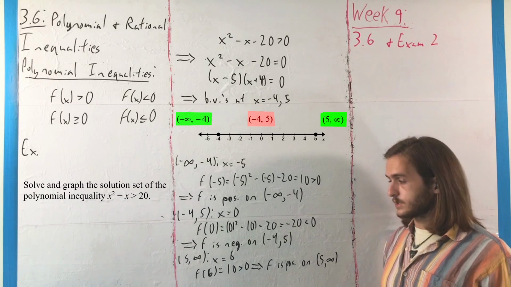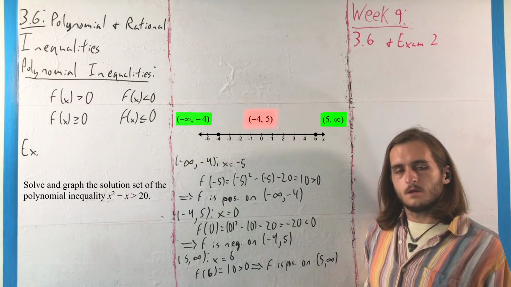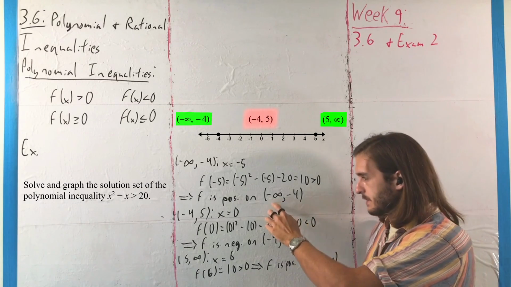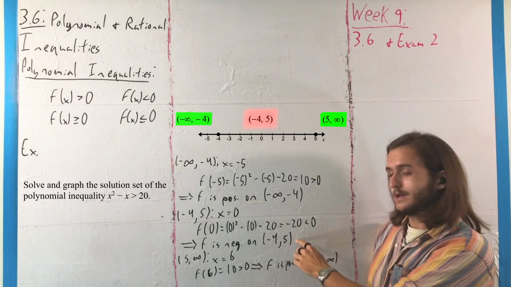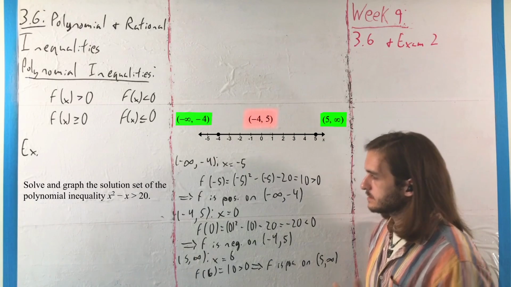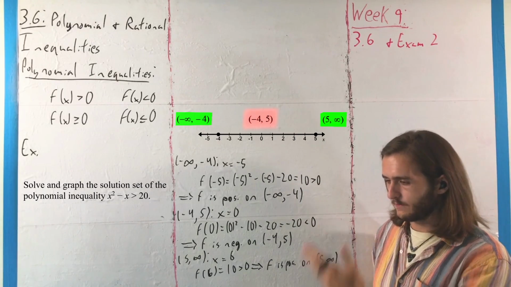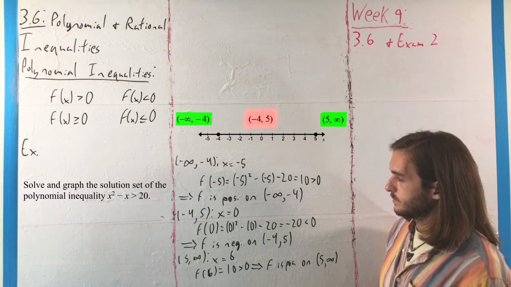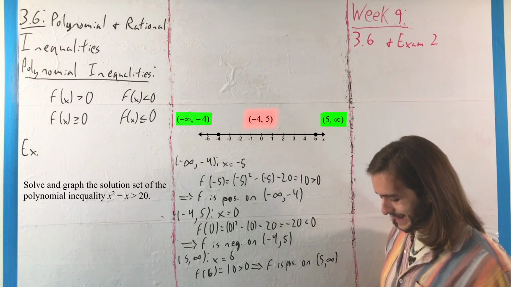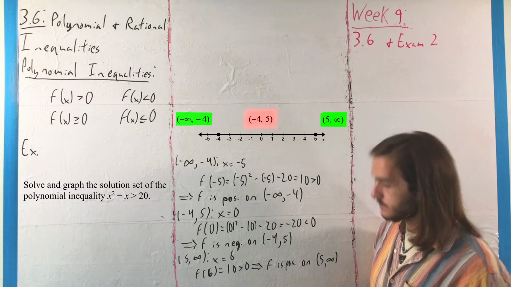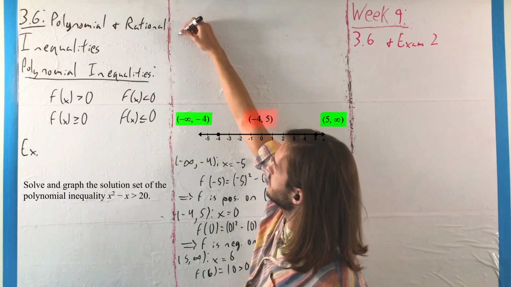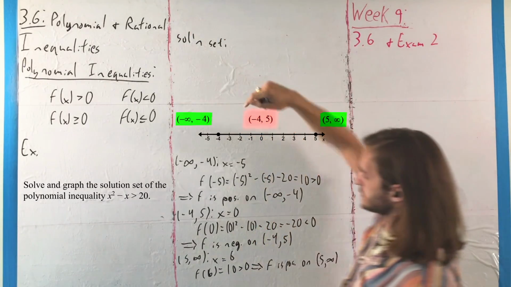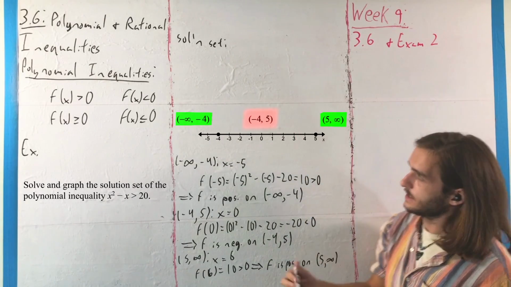And as a result, looking at these three intervals, we can see that our function f is positive on the first, positive on the last, and negative in the middle. That means where we're looking for here, that the function is bigger than 0 overall, will be satisfied here and there, but not in the middle. So our solution set will consist of the range there on the outsides.